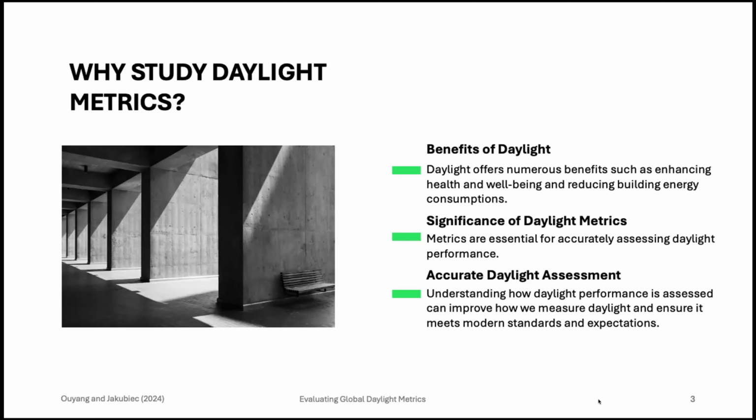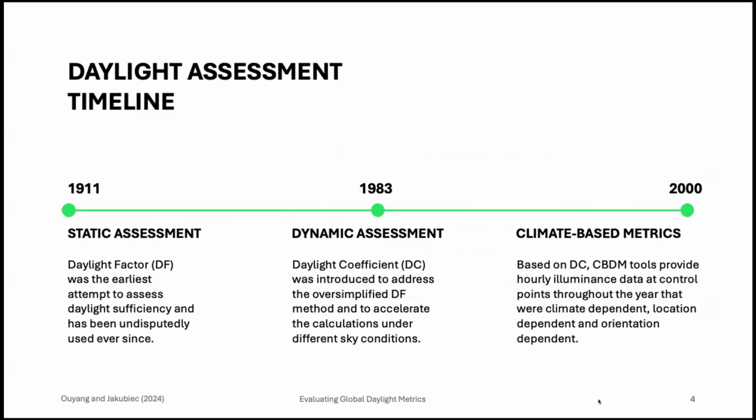As we all know, daylight offers multiple benefits, from occupant well-being to reducing energy consumption. But to truly reap these benefits, we need to ensure that our assessments of daylight are precise and meaningful. This means taking a closer look at the existing metrics and performance criteria, understanding their strengths and weaknesses, and finding ways to improve them.